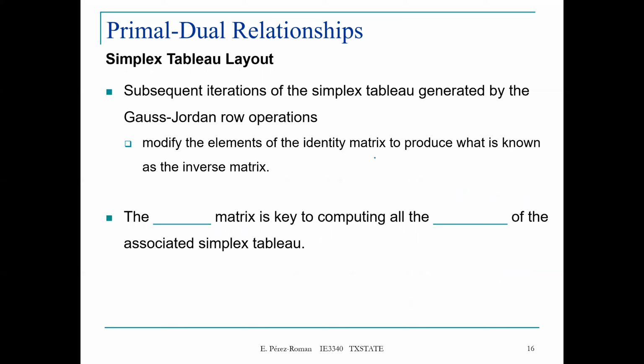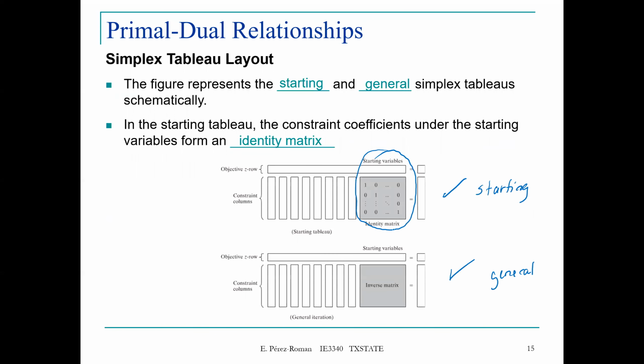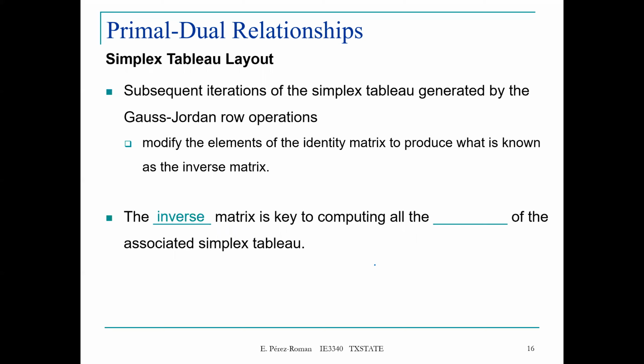Subsequent iterations of the simplex tableau generated by the Gauss-Jordan row operations modify the elements of that original identity matrix. After a couple of iterations, those coefficients are now different. The inverse matrix is key to computing all the elements of the associated simplex tableau. Those modified elements of the identity matrix produce what is known as the inverse.